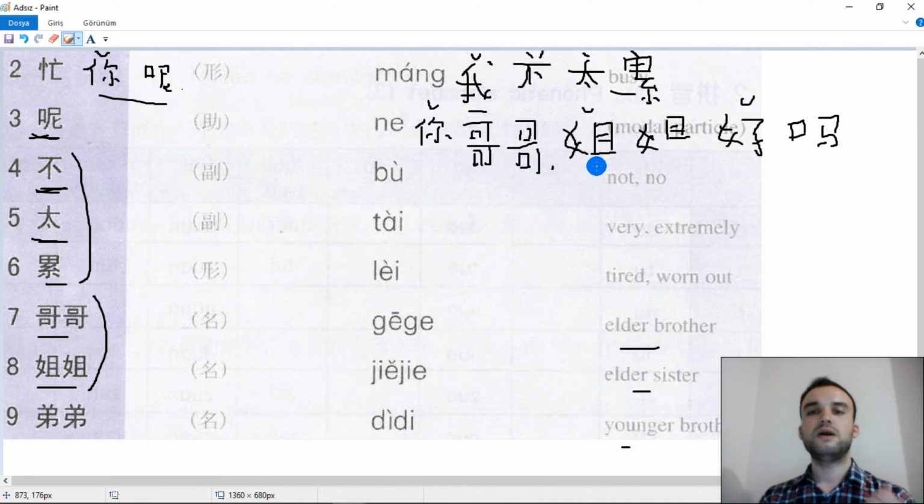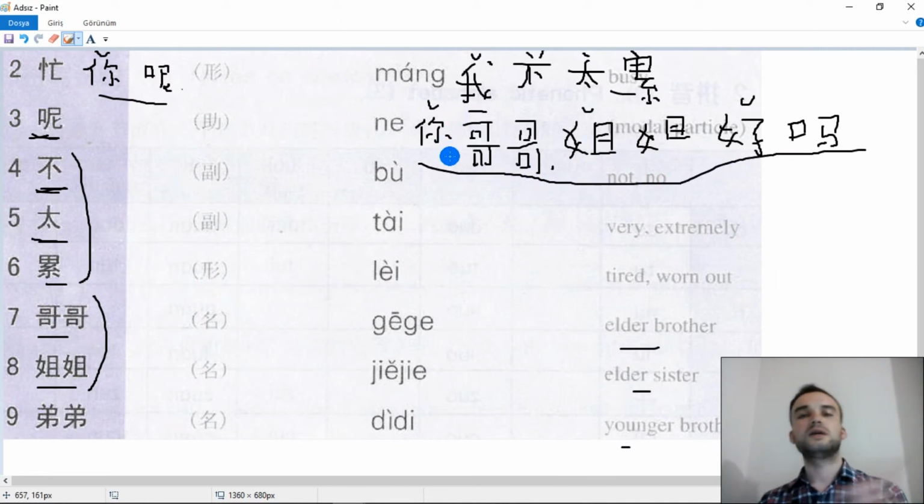How is your elder sister and elder brother? That is the meaning of this sentence.